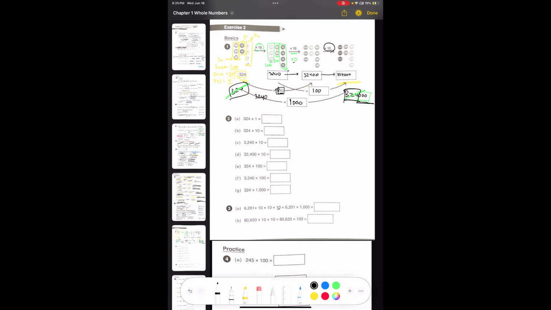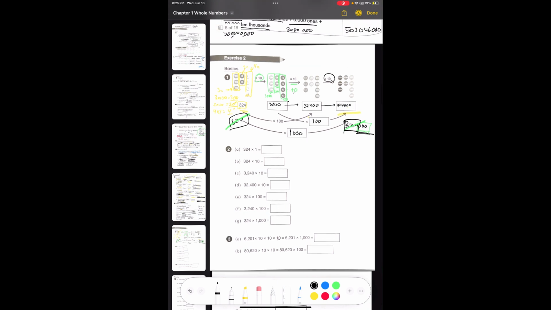So we're just going to add the rest of the zeros here. That's all we need to do. 324 times 100, add 2 zeros. 324 times 1,000, add 3 zeros. 324 times 10, add another 0. So what I want you to do right now is pause and come back here. It doesn't matter if you already did it, I just want you to try it again.